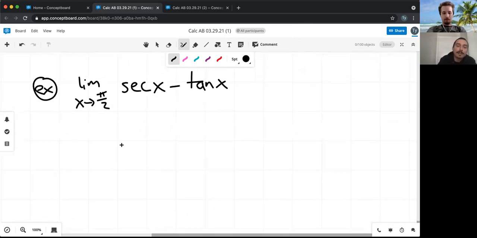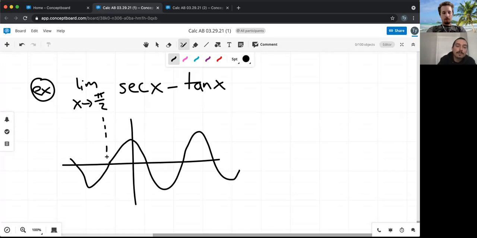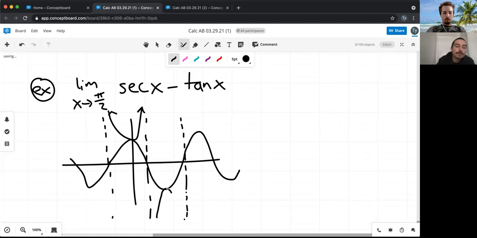If we were to graph these, which I don't want to spend too much time on, the way I graph these is take the graph of cosine, continues on like this. Secant graphs like this, right, because secant is 1 over cosine.